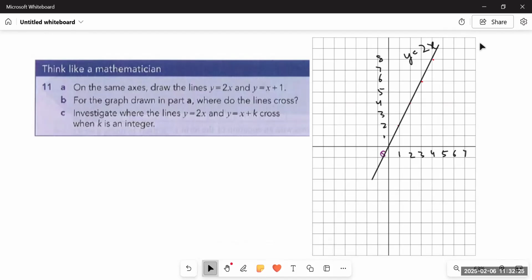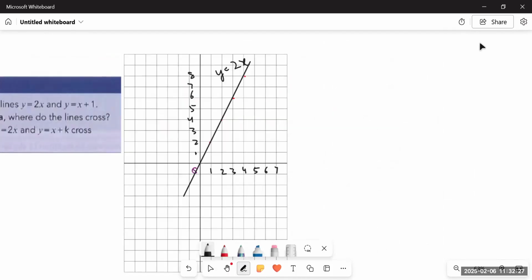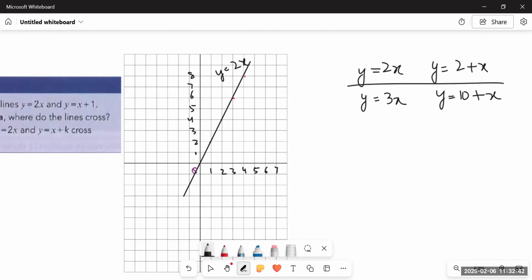This is what you have to understand. Let us take some examples. If y is equals to 2x or y is equals to 3x or y is equals to 2 plus x or y is equals to 10 plus x or whatever, in these situations, the value of y is greater.